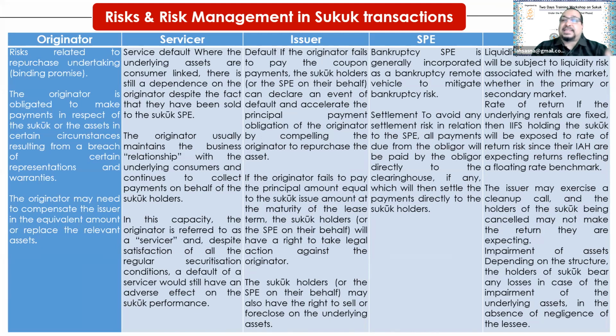So these are some of the risks, and definitely there are risk mitigations in place in case some of this happens. The second point is the servicer, the service provider. The risk is that it fails to execute its duty in its collaboration with the SPV or the trustee.